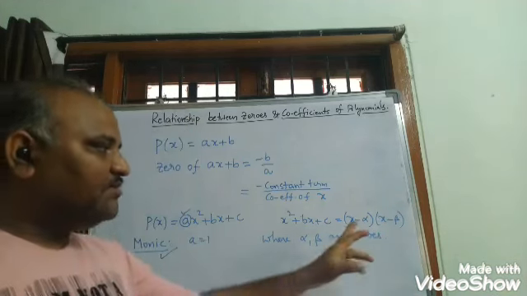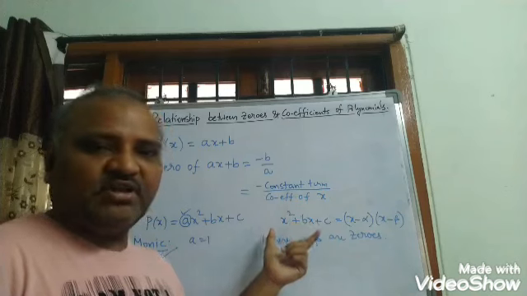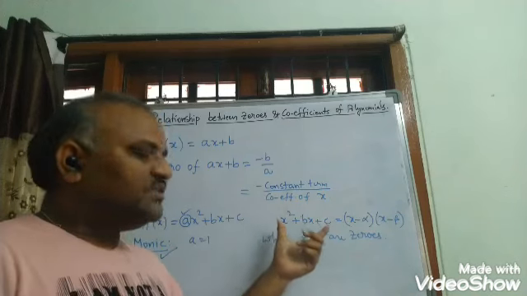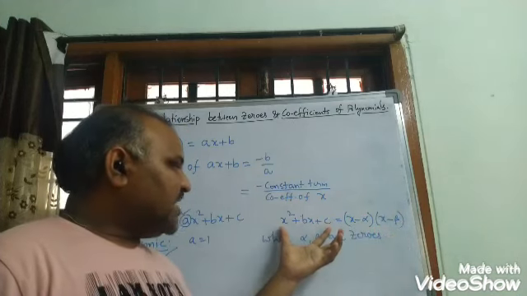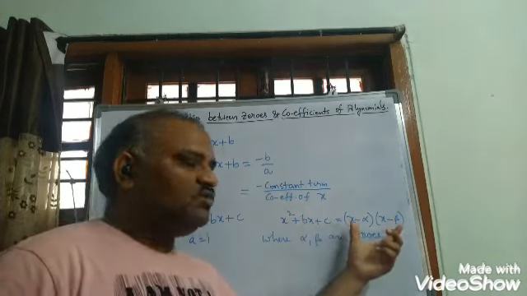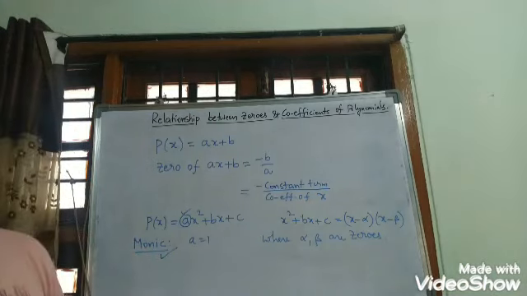If alpha and beta are zeros of this polynomial, and if this is monic, then we can express directly x square plus bx plus c equal to x minus alpha into x minus beta.